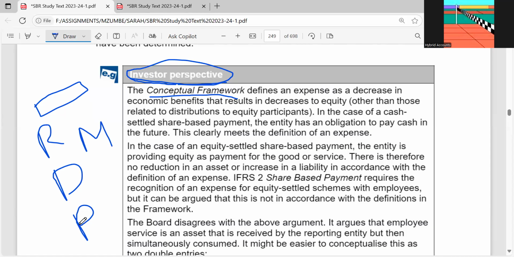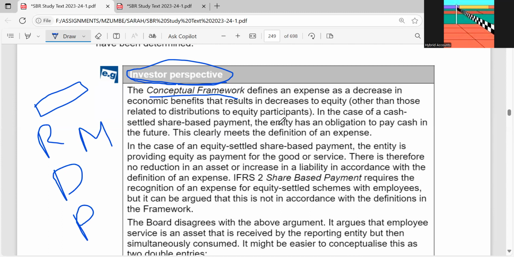But we don't care, because what we need to know is that the standard would always override the conceptual framework. So the framework defines an expense as a decrease in economic benefits that results in a decrease in equity, other than those related to distributions to equity participants.